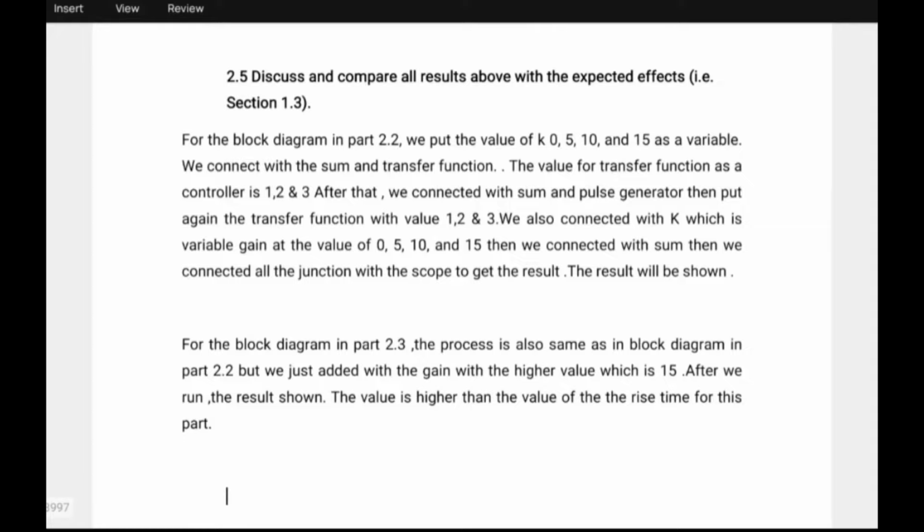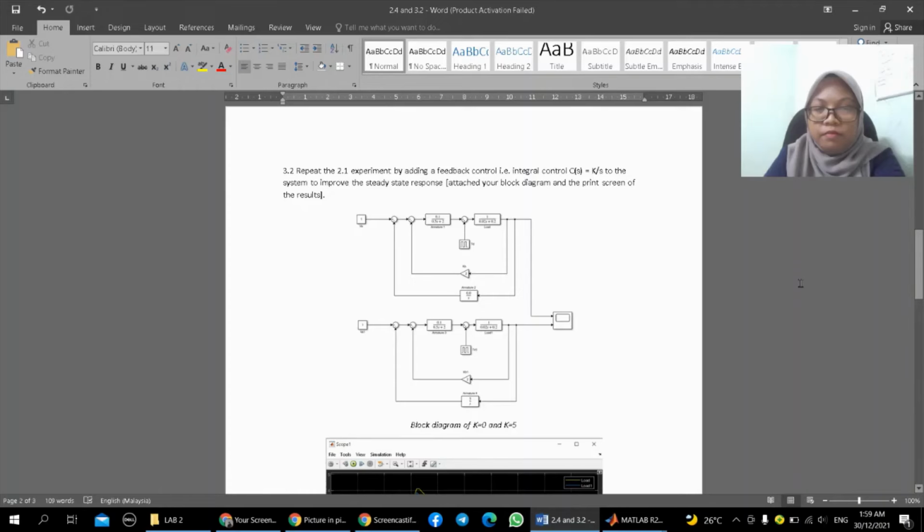As for part 2.3, the process is the same, and we just add the gain with a higher value, which is 15, and then we run and the results are shown. We can conclude that the higher value gives a faster rise for this part.